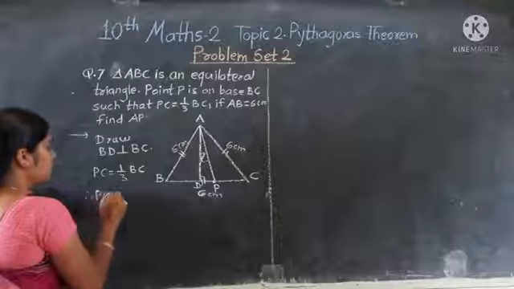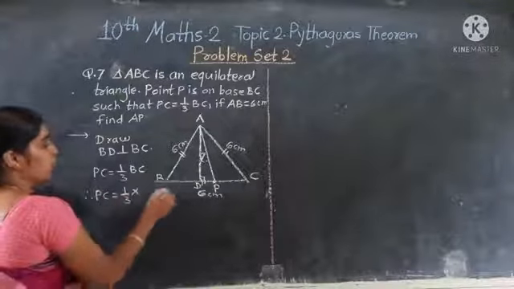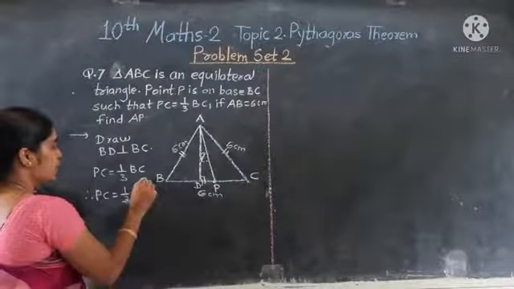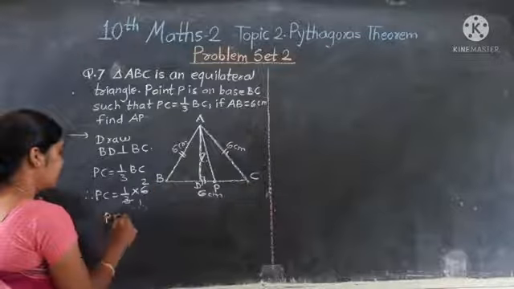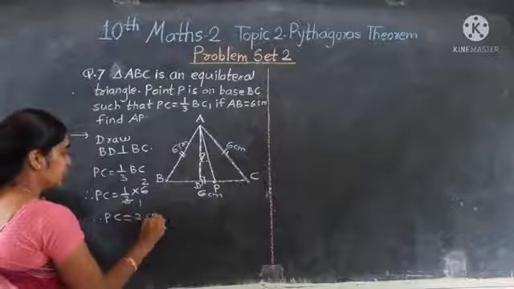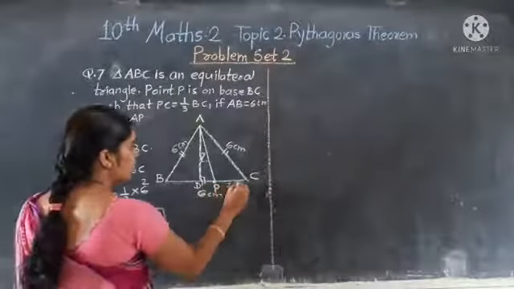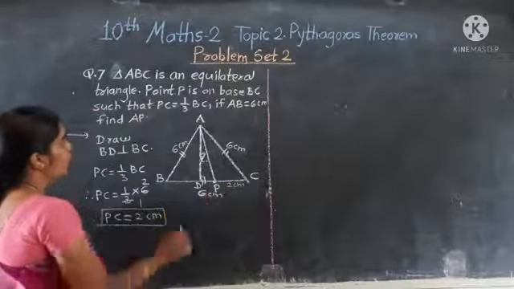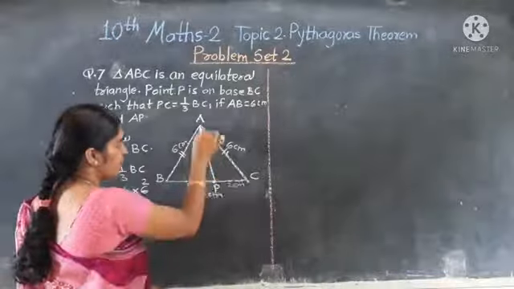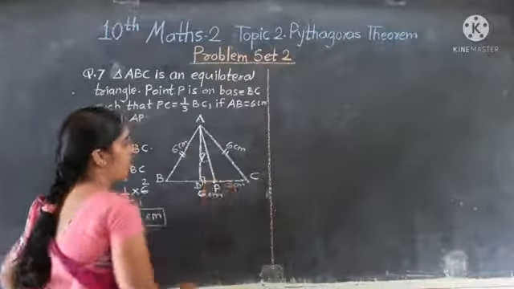So we get PC as 1 upon 3 of BC. What is BC? 6. So we get PC as 2 centimeter. Here PC we get 2 centimeter. We have to find AP.